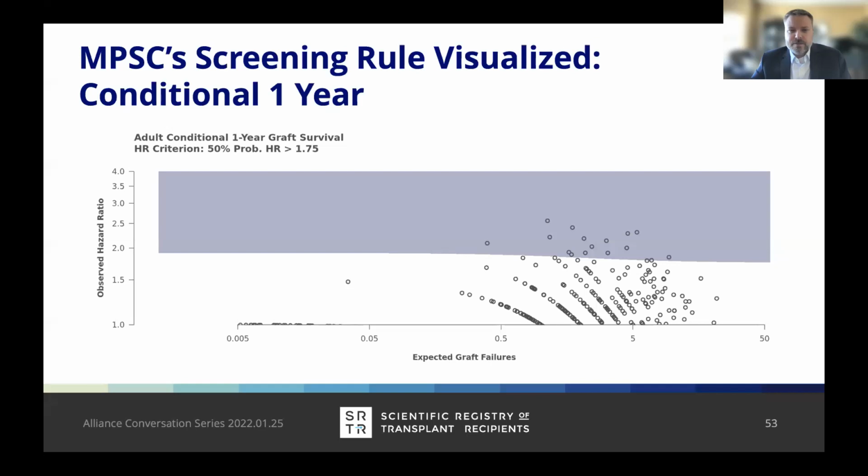All of the dots on all of these plots I've shown you combined all kidney, heart, liver, and lung programs together on one plot. MPSC felt it was essential to have the same boundaries in effect across all organs. That was because they wanted to find regions that had clearly some outlier experience represented, regardless of what organ type it was. They wanted to be consistent in the types of outcomes that they were looking for across those different organ types.